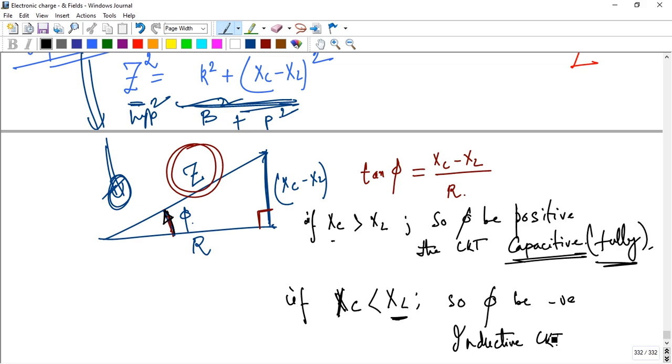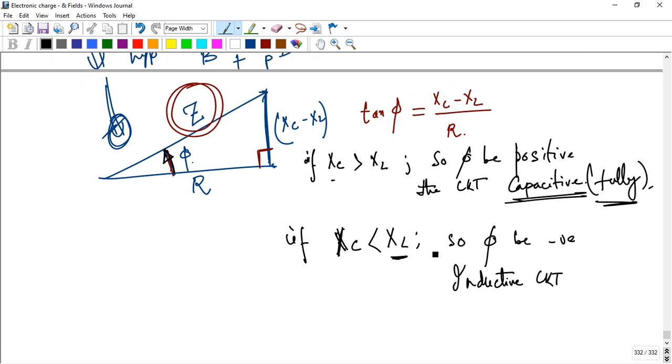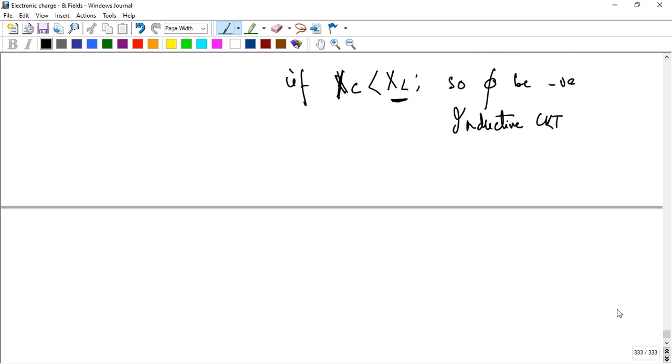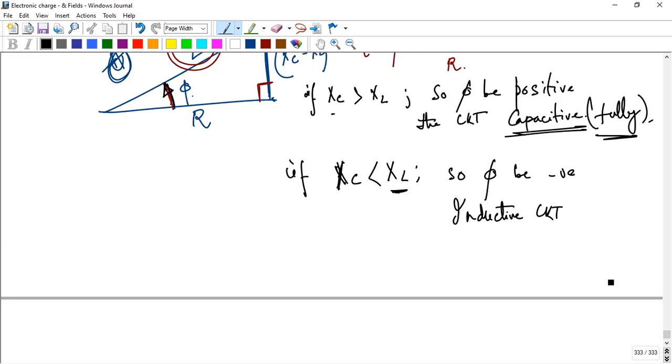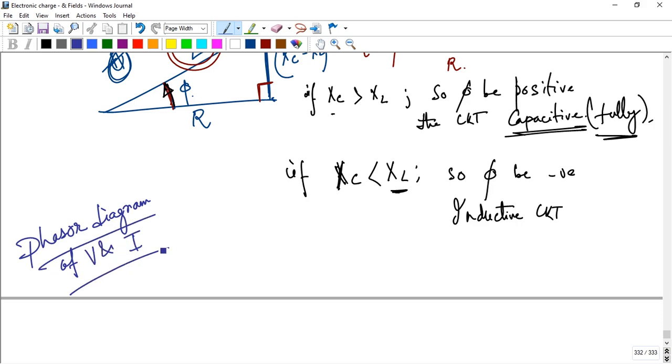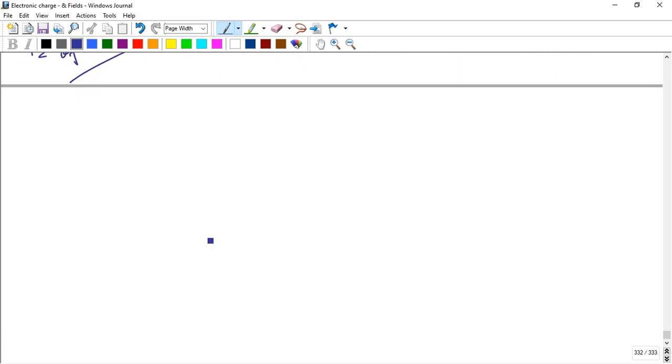Okay, clear. Now we draw the phasor diagram of voltage and current. The final phasor diagram is very easy to draw.